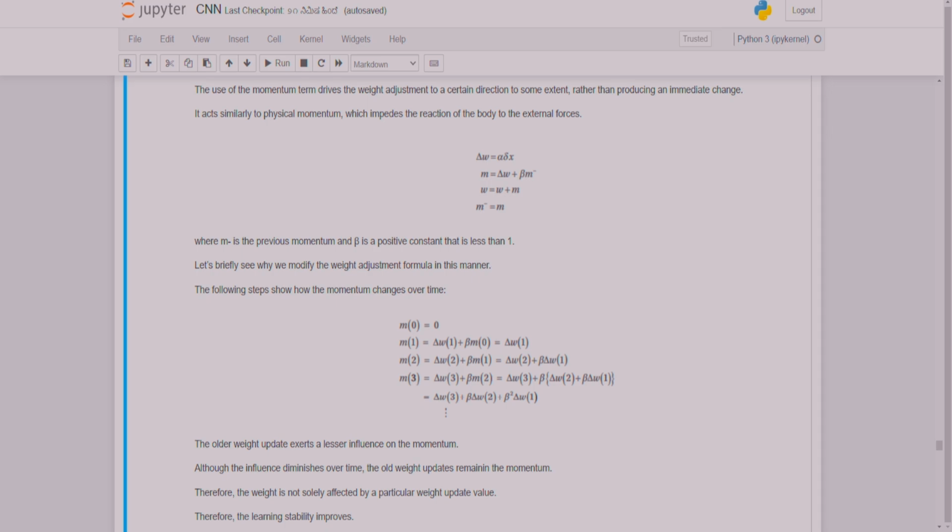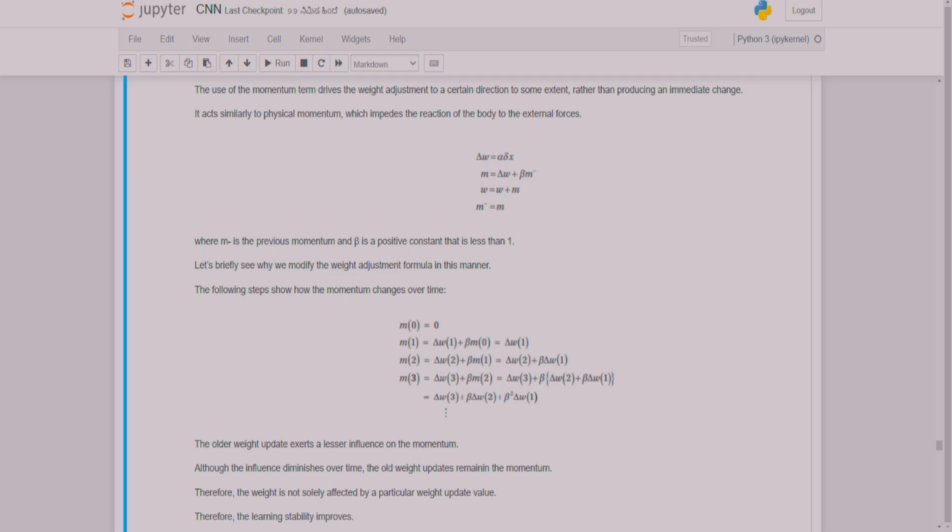You can see that the momentum after training the third data set depends upon the present change in the weight, plus beta times the previous weight update, plus beta squared times the update before that, whatever the delta W was. So we are trying to bring a directionality to our weight update. Assume delta W2 was maybe negative, but delta W1 and delta W3 are positive.